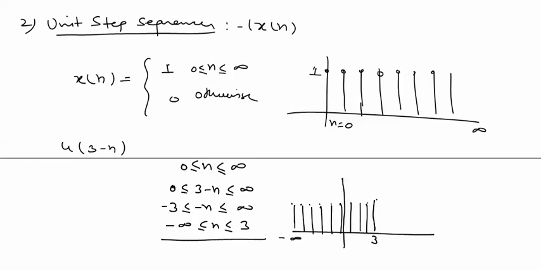Another important signal, the third important signal, is the unit impulse function, which is very important in GATE. In the last 10 years, 3 or 4 times a question has come from the unit impulse function.